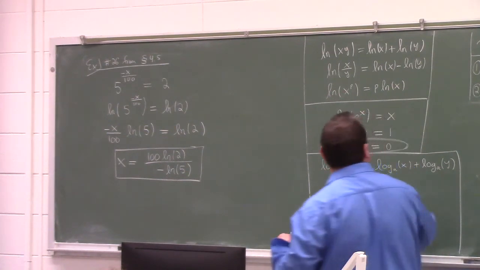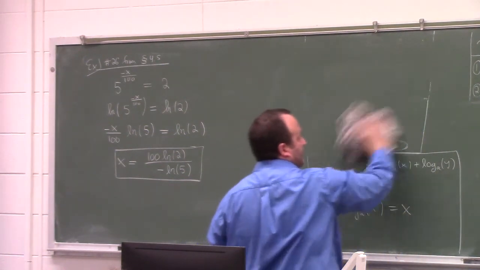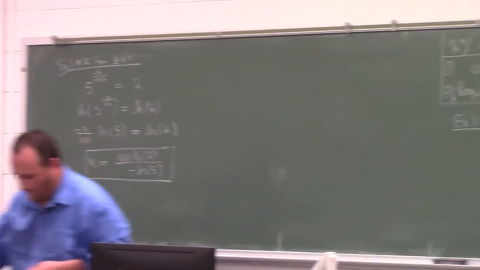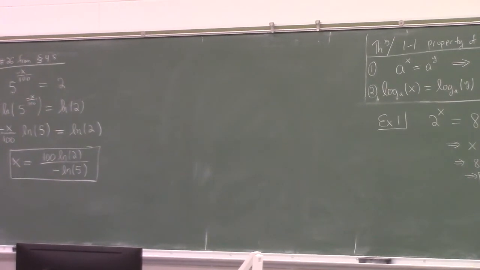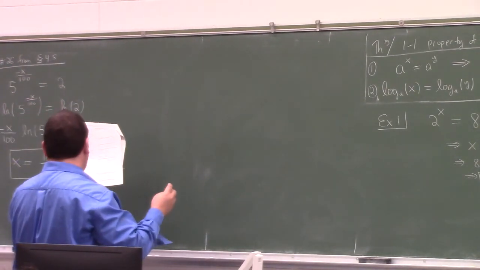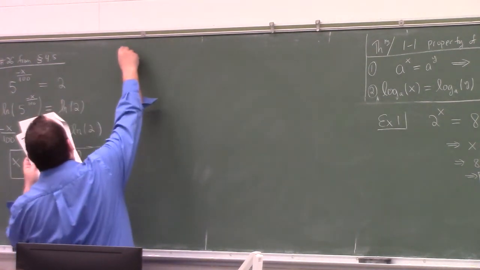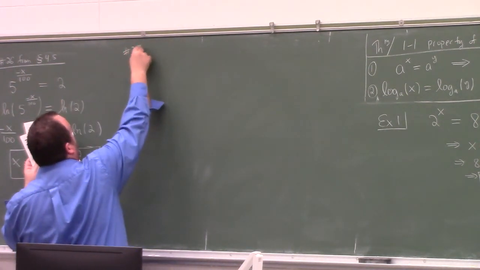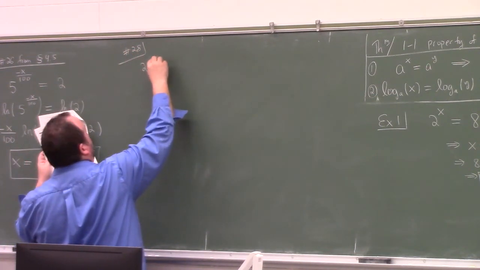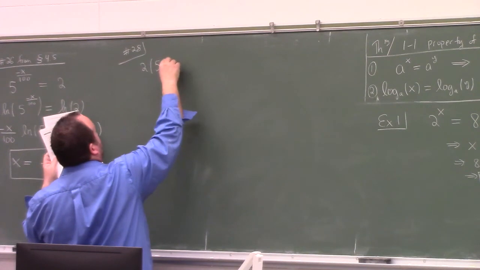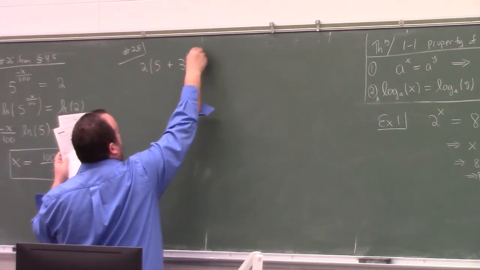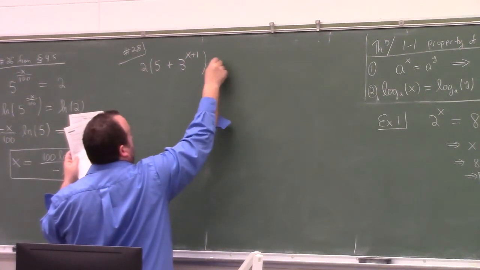Let's work another. Let's see here. Here's number 28, same section. 2 times 5 plus 3 to the x plus 1 equals 100.